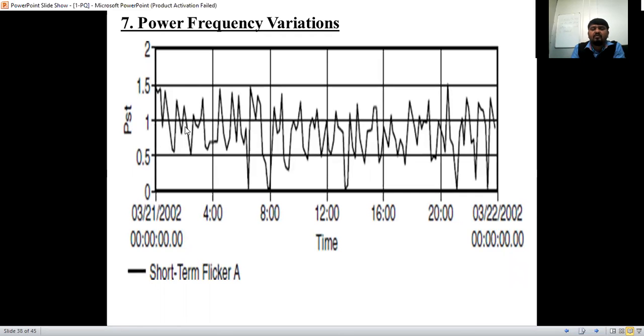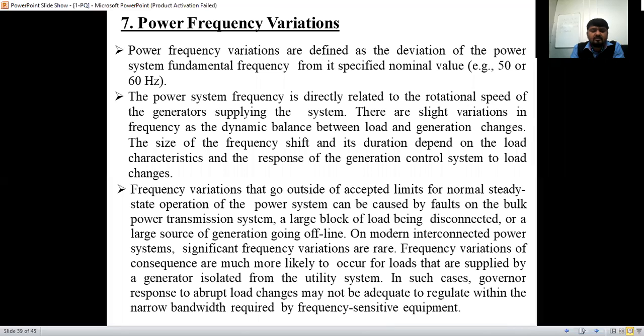Actually here, one per unit you have to mention, that is the short-term flickers we are considering now. Increasing and decreasing like this, the flicker occurs, and because of these flickers the frequency will also vary. So suppose this is one cycle I am going to consider. From where are we going to get the electricity? Where is the supply coming from for us?